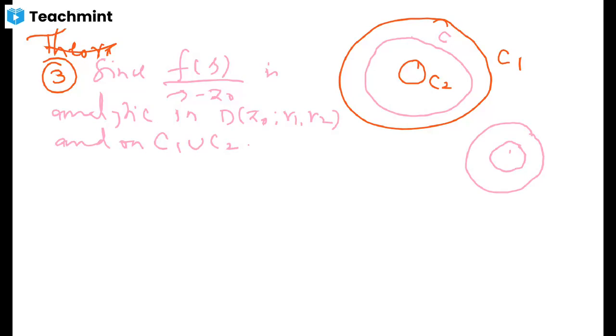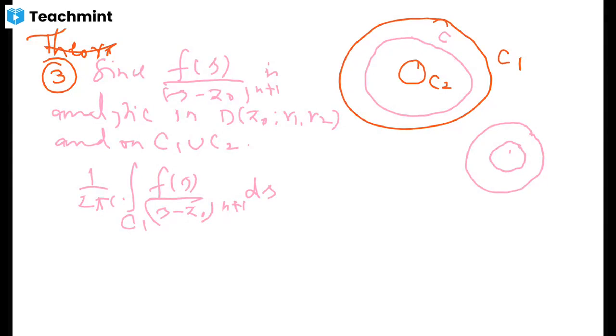So that means the value of 1/2 pi i integral over C1 of f of zeta upon (zeta minus z naught) to power n plus 1 d zeta, because this is an analytic function, whatever power I take, is the same as the integral over C. इसका वैल्यू का कोई फर्क नहीं पड़ता है.